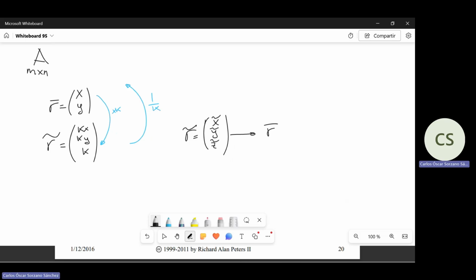This would be r equal to x divided by z, y divided by z. And that is the given coordinate. There are infinite homogeneous coordinates that can represent the same point.